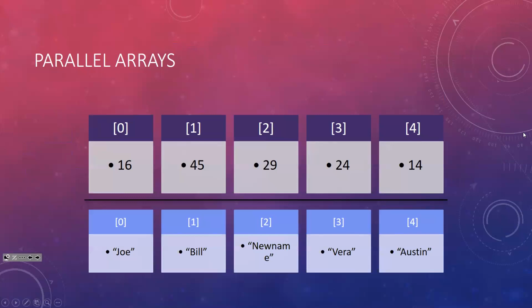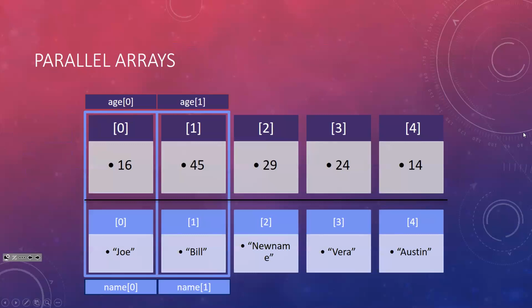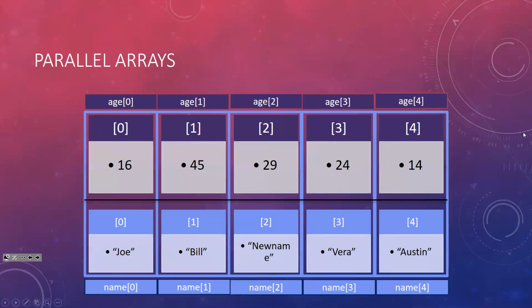So here in this example, index value 4 would refer to Austin and the ID of 14. So we would use that same index value to refer to both arrays, giving us that data that's being kept in parallel, keeping it together. Now, whenever we're working with parallel arrays like that, it is that index value that's making them be related.